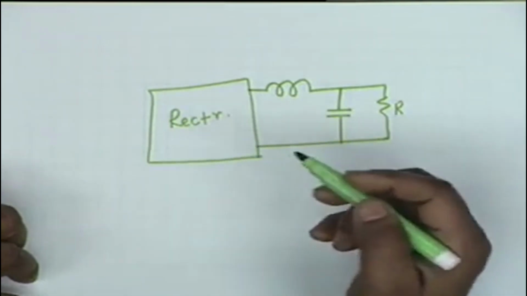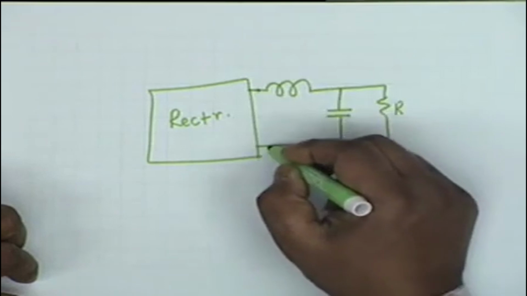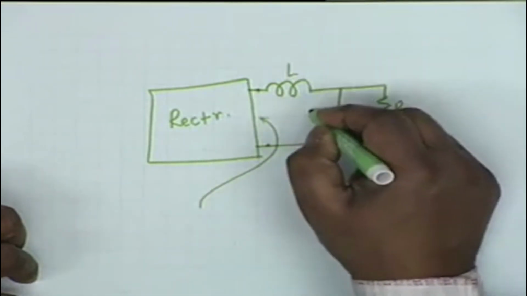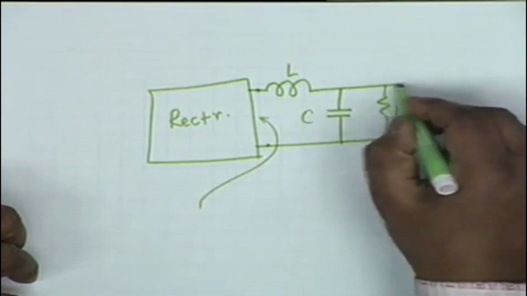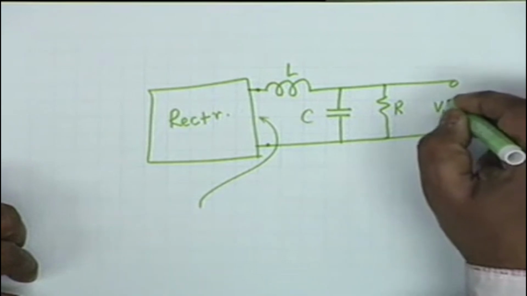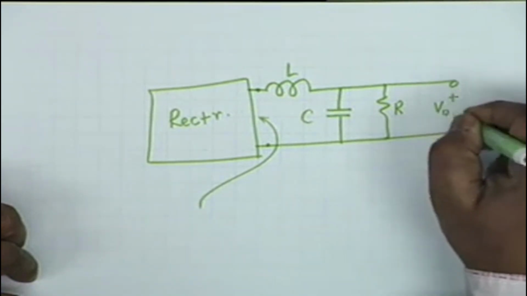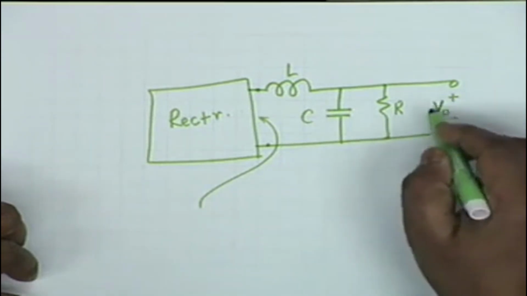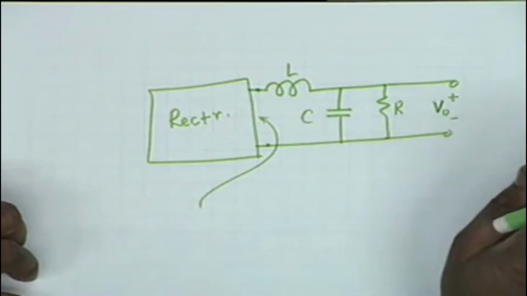We call this a rectifier. And then at this point, this is L, this is C, that is R. This is my V0, the output voltage. What I want is that V0 should be purely DC.